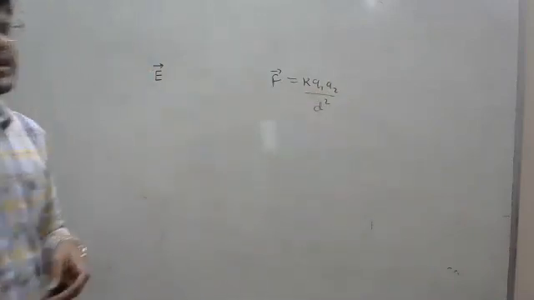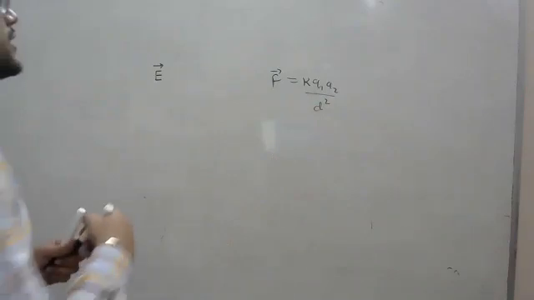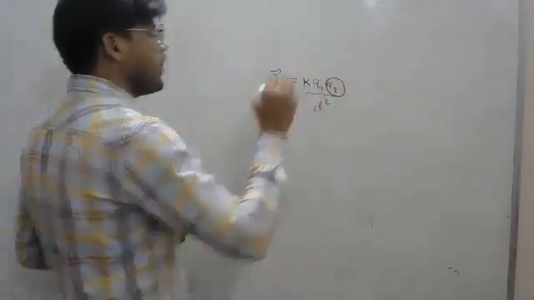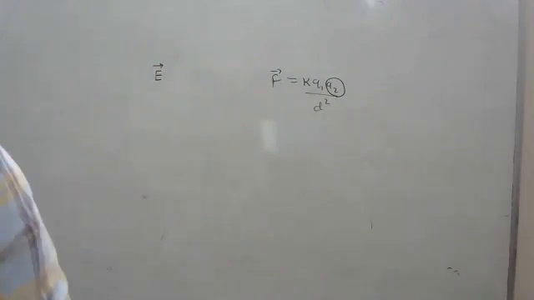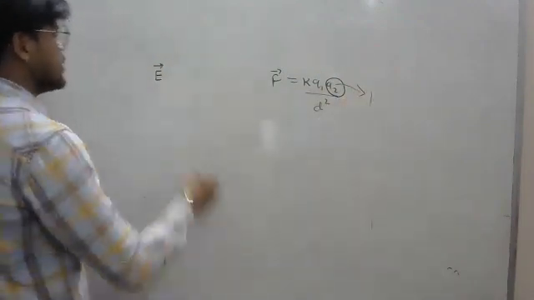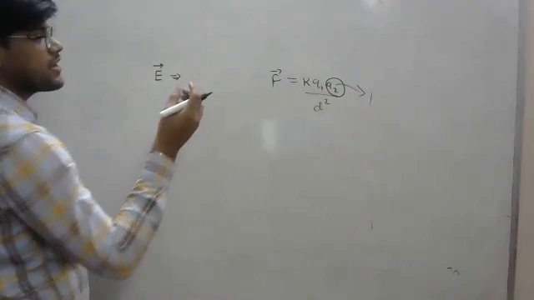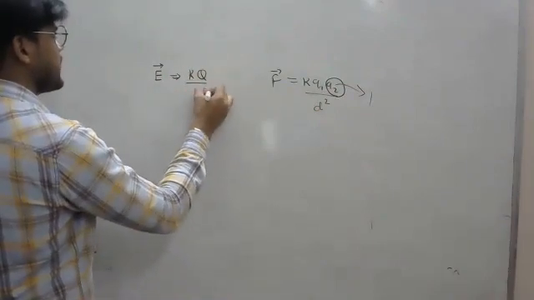In the electric field concept, you are considering that one of the charges is very small. It's a test charge. Its magnitude is 1. This is my consideration. So the electric field formula will be K Q upon distance square.